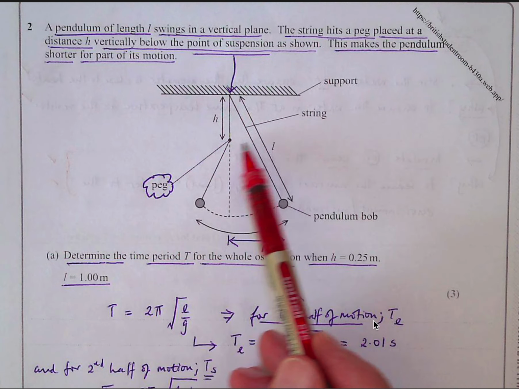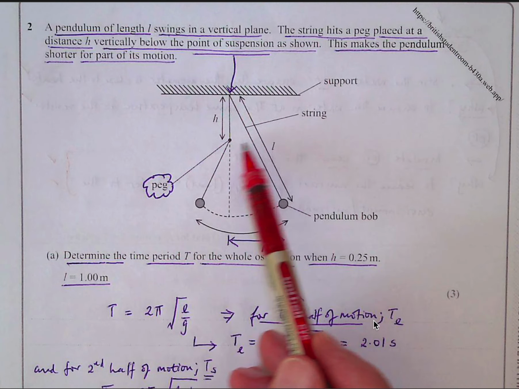Okay? So they want you to determine the period for the whole oscillation when h is 0.25 meters, this height where the peg is, and L is 1.00 meters. So they're giving you 2 decimal places in your length measurements. They want you to use the equation T equals 2 pi root L over g.